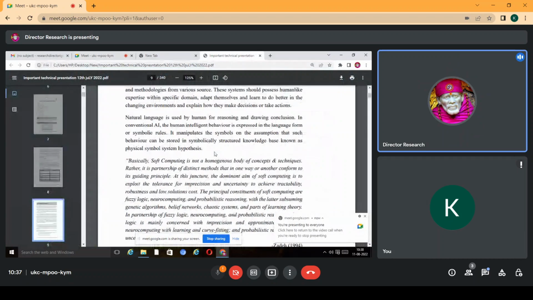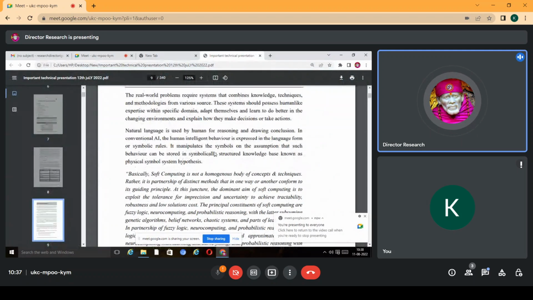Okay. The real world problems require systems that combine knowledge, techniques, and methodologies, like expertise within a specific domain, adapt themselves and learn to do better in the changing environment, and explain how they make decisions and take actions. Natural language is used by humans for reasoning and drawing conclusions.